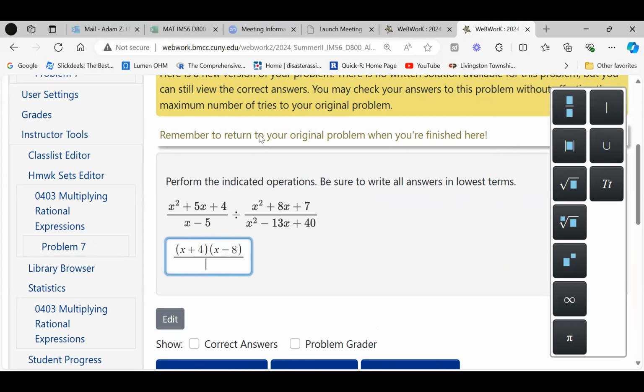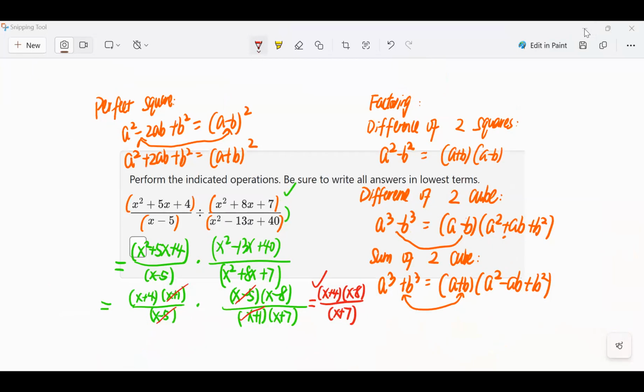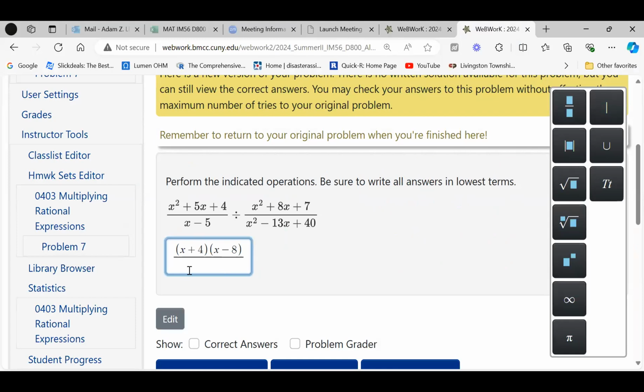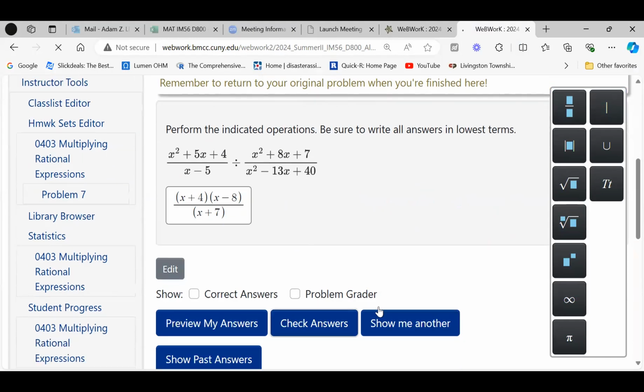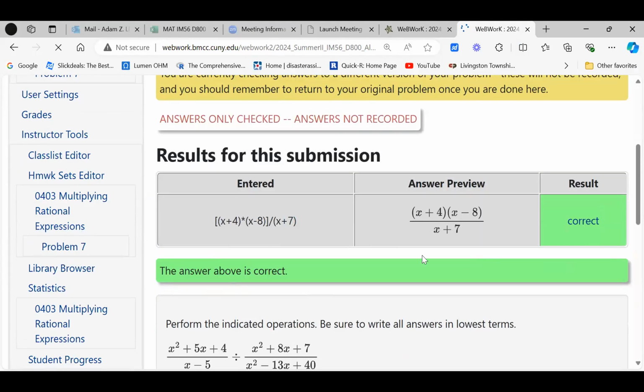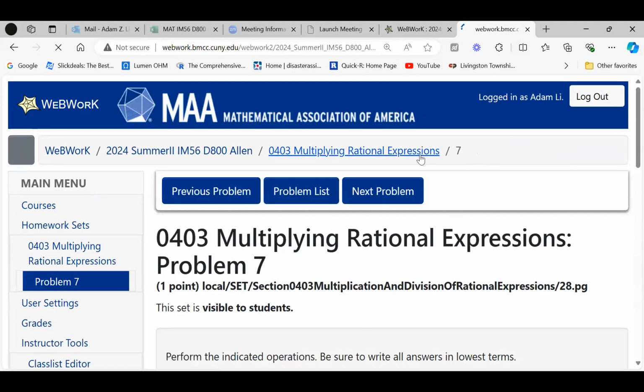On the bottom, it's x plus 7, x minus 8. Yes, on the bottom. Let's check it. That's all good.